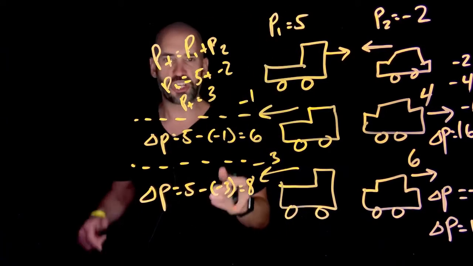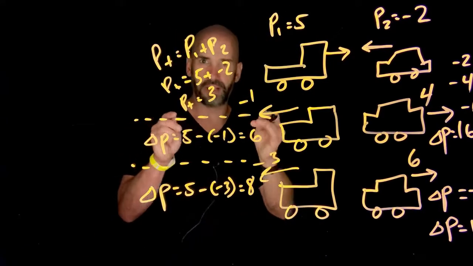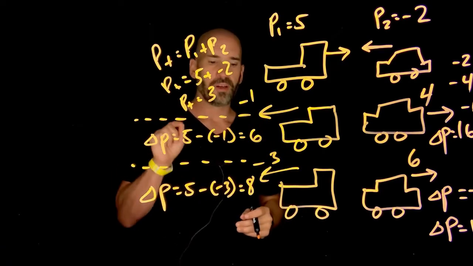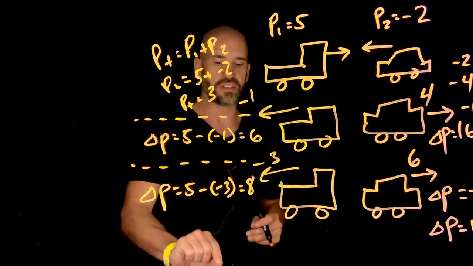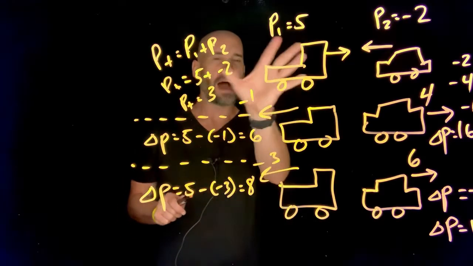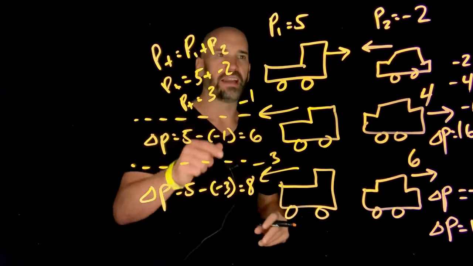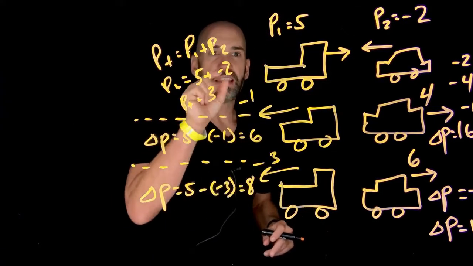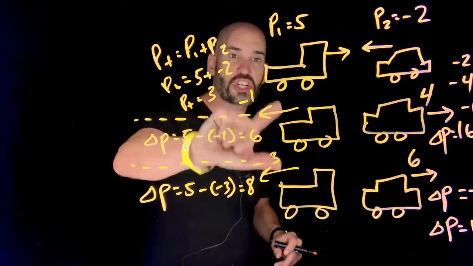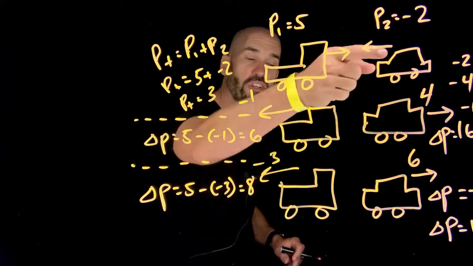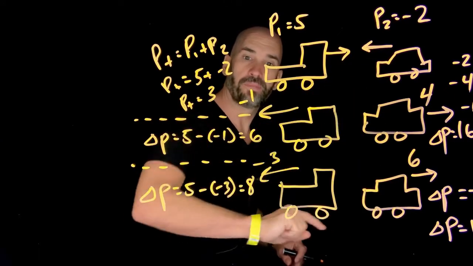So they both change by a magnitude of, absolute value of 8. Now, which of these situations, A through D, follows this pattern that we're seeing, that after each of these collisions, the magnitude of the change in momentum for the truck must equal the magnitude of the change in momentum for the car?